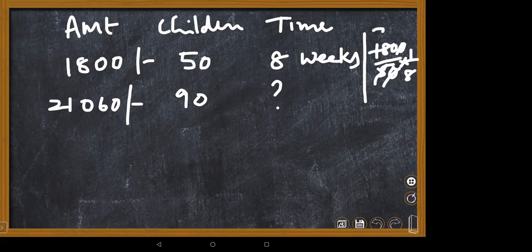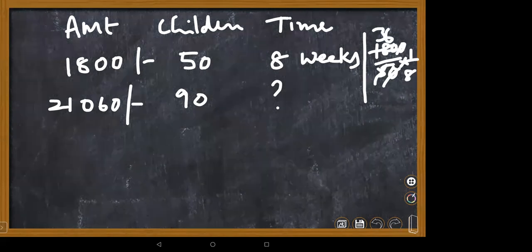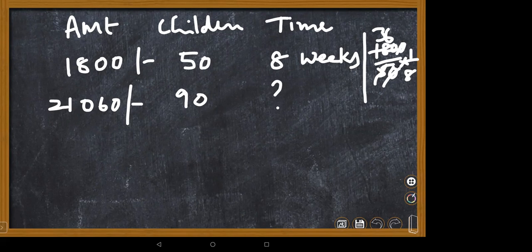5 3s are 15, 5 6s are 30. So 36 by 8 you will get, children. 36 by 8, the same procedure you have to find out for the other. 1800 divided by 50 gets 36.